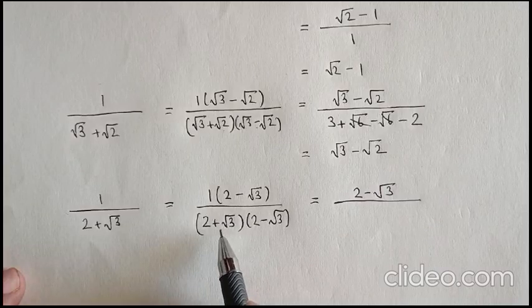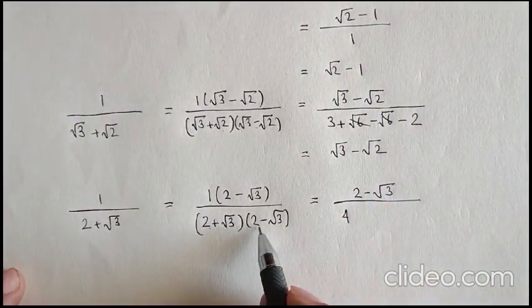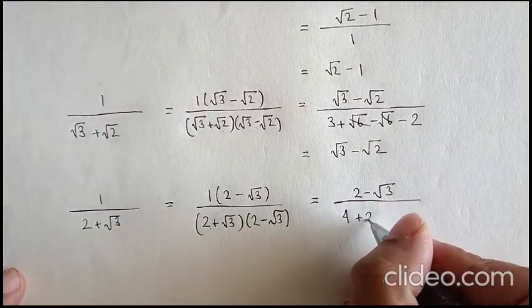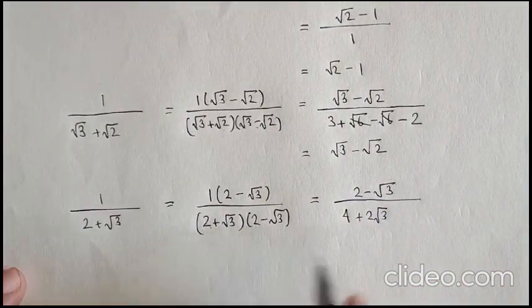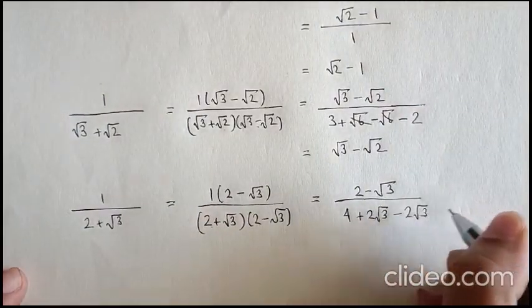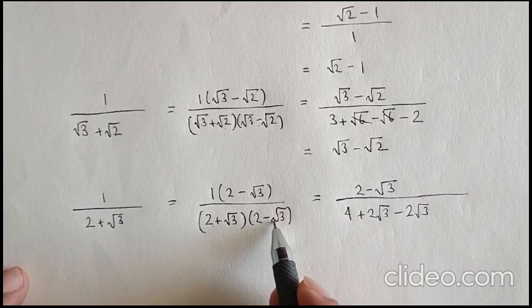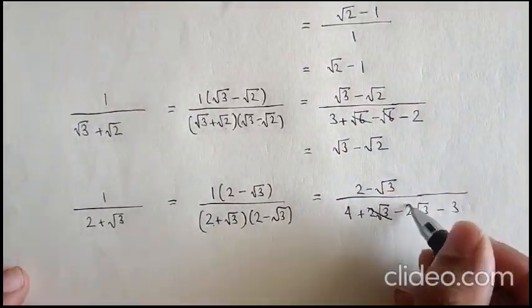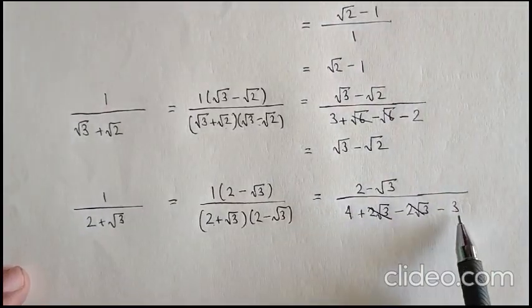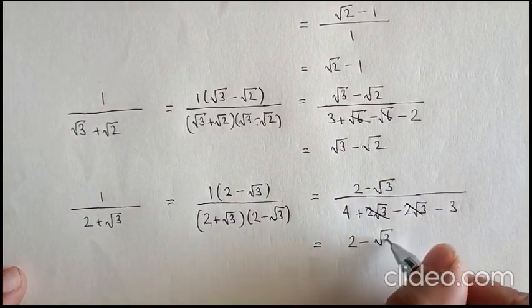Now we multiply this. 2 into 2 is 4, plus root 3 into 2, so that is plus 2 root 3, minus 2 root 3, minus plus root 3 into minus root 3 is minus 3. So these two will get cancelled. Again 4 minus 3 is equal to 1. So this is nothing but 2 minus root 3.